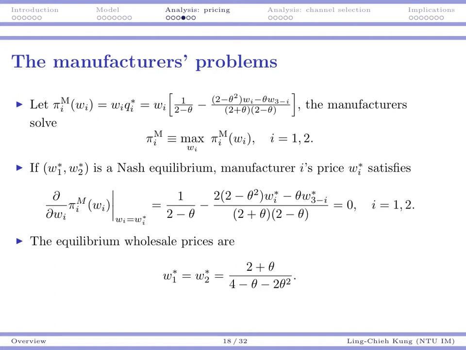So they want to solve this problem. Again, first order condition, second order condition. If you are patient enough, you can show this is a concave function, and then we can apply the first order condition to solve W1 and W2 and eventually get this as a function of theta, the only parameter.